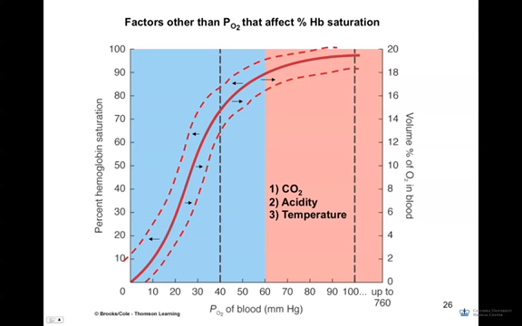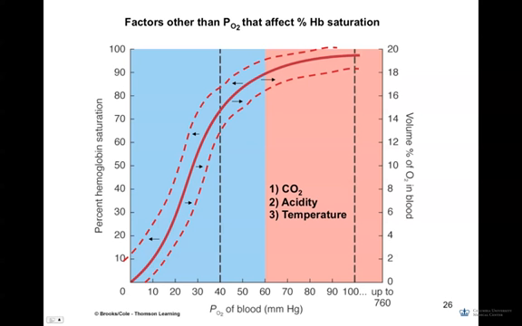So under those conditions, let's say in this muscle group, it's highly metabolically active, CO2's higher, it's more acidic, temperature's higher. Under those conditions, what we see in the relationship between PO2 and hemoglobin saturation is what's described as a right shift of the curve. So high CO2, high acidity, high temperature causes this relationship to shift to the right.